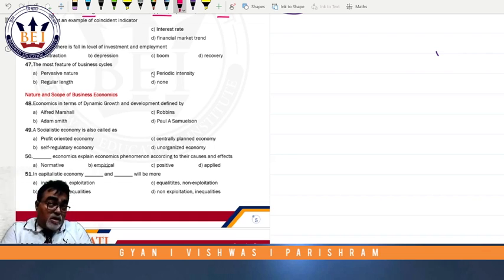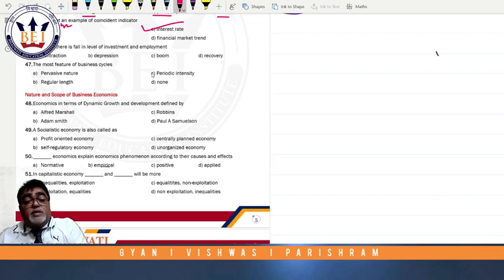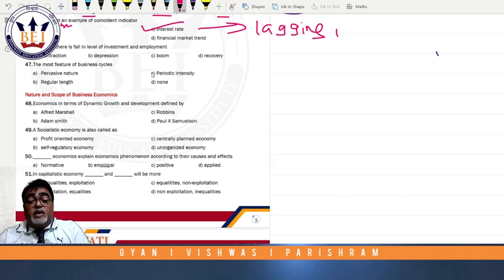But a lagging indicator we call interest rate, unemployment and all, which is not an example. So not an example means inflation, GDP, financial market trend, these are all under coincident. But for your knowledge, for advanced students, it is a part of lagging indicator.